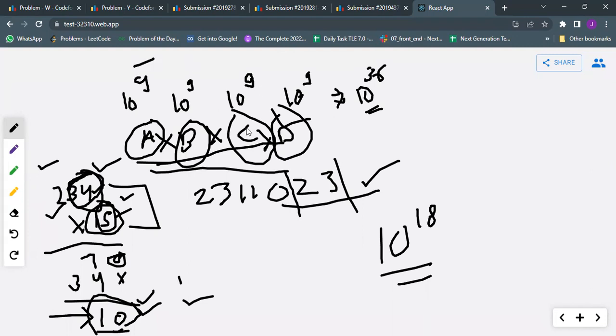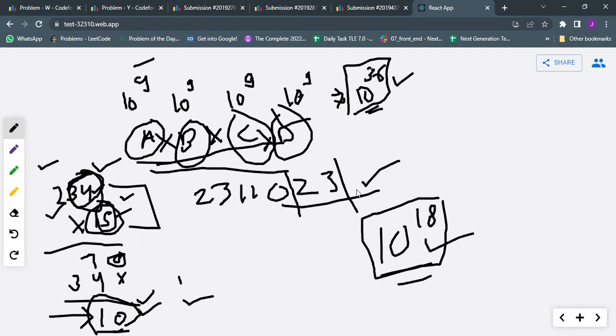So what will be their product? 10 to the power 36. Can you store that in any data type? You can't, because long has a maximum. You can store like 10 to the power 18 max in long.